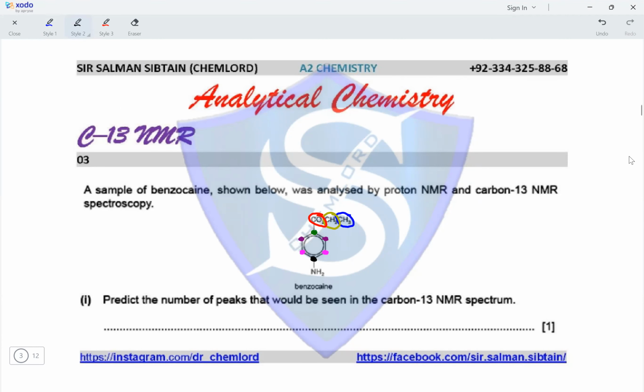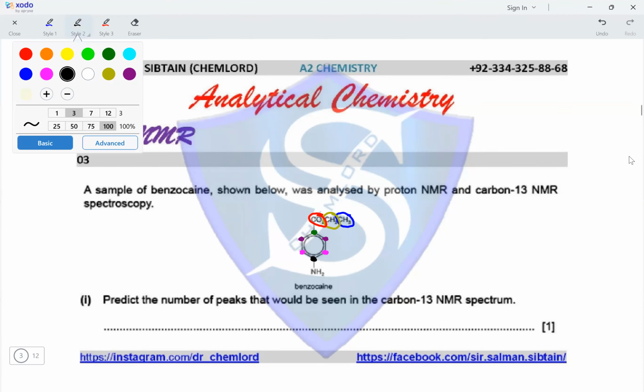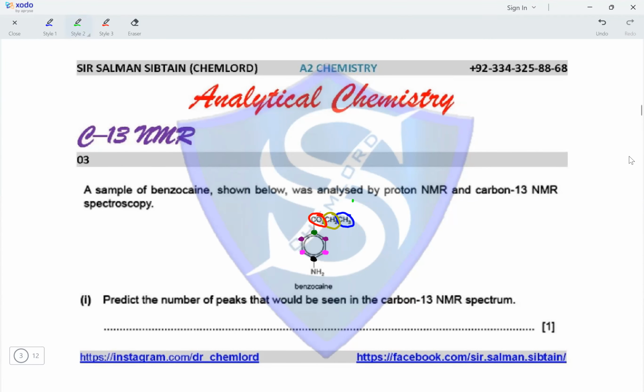So in total, one, two, three, four, five, six, and seven. So in total, we would have seven different environments containing carbon atoms. So the carbon 13 NMR spectrum of benzocaine would give us seven peaks.